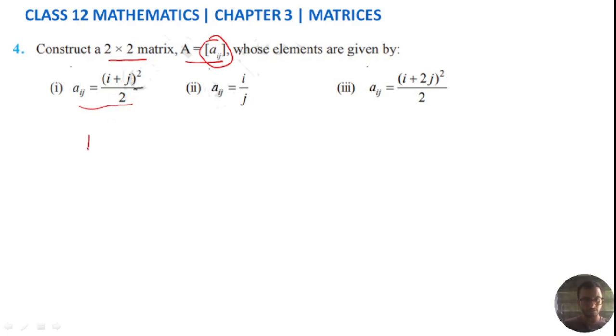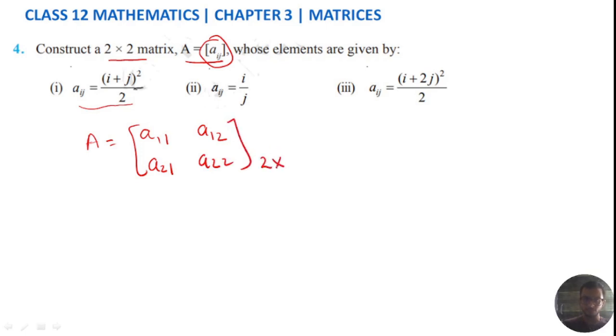First of all, let me tell you how A will look. A will have elements like Aij. So let's start with the first row, that is i equals 1. Then first row, first column, that is A11. Then first row, second column. Then second row, first column, and then second row, second column.